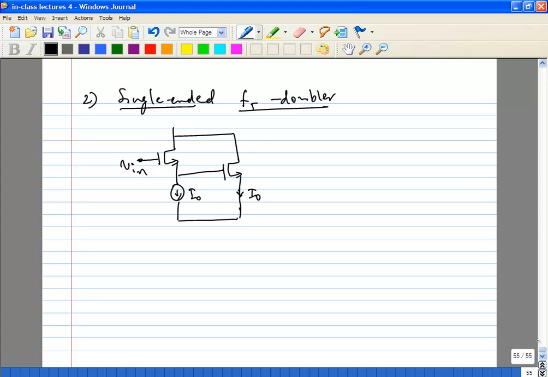So this is your effective gate, this is your effective drain, this is your effective source. This is actually like a Darlington pair. I don't know if you remember it from your analog circuits course. Except that the difference is you are going to bias the second transistor at the same bias current as the first one.